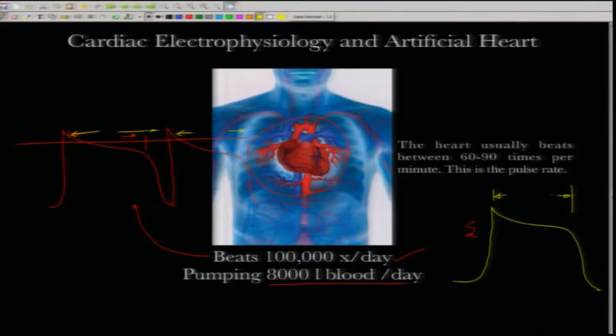to move slowly. Having given you these magical numbers, that it beats 100,000 times per day and pumps 8,000 liters of blood per day, you can very well visualize what an efficient machine this is. 8,000 liters per day, multiplied by, on average, a person living for say 75 years.